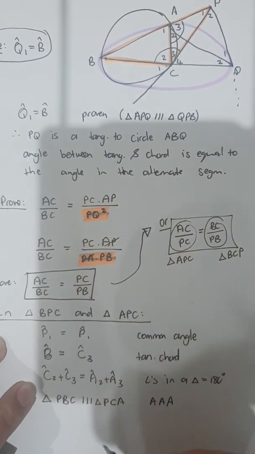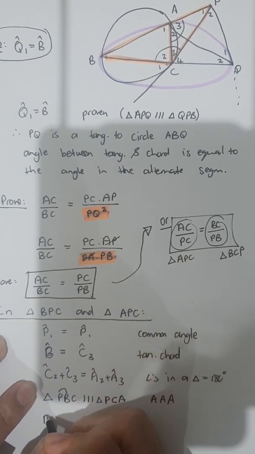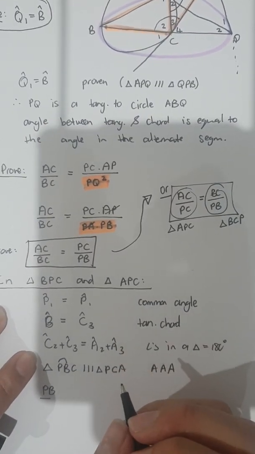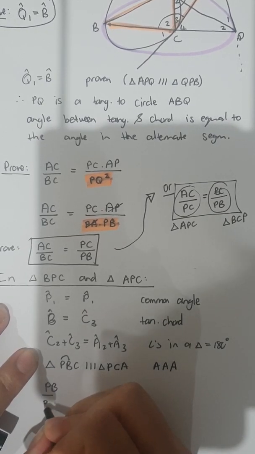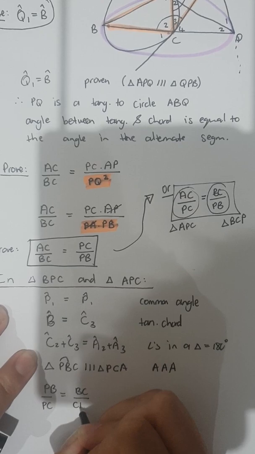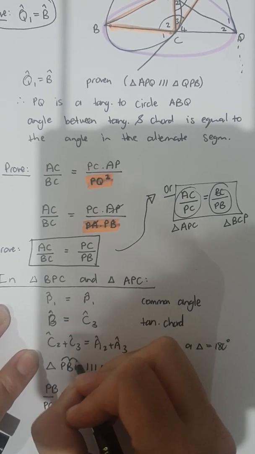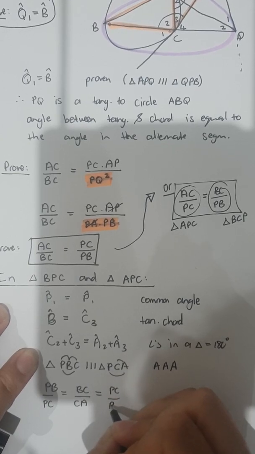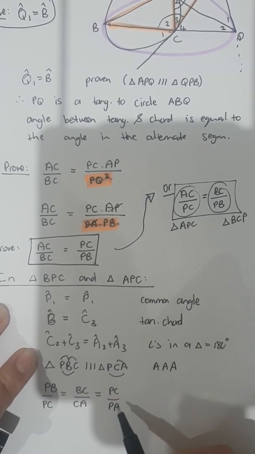It's the same thing. So BP over BC is equal to BC over CA is equal to PC over BA. So let's have a look.